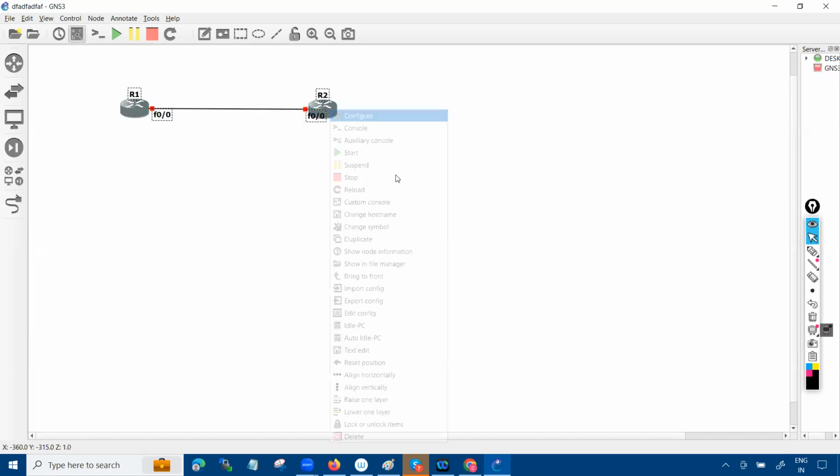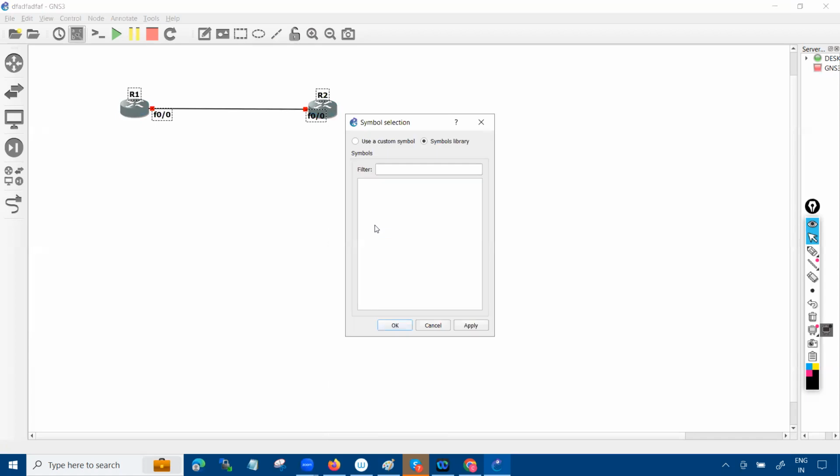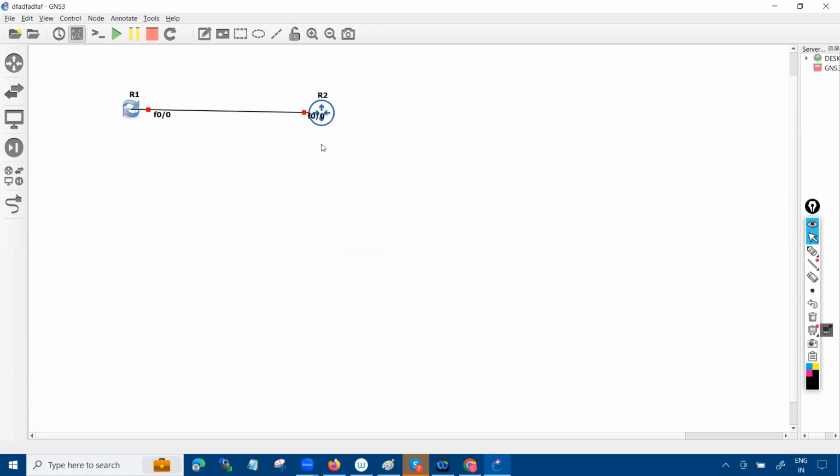Let me change the color. I don't like this older base. Put some 3D view. All done. So we have routers over there.